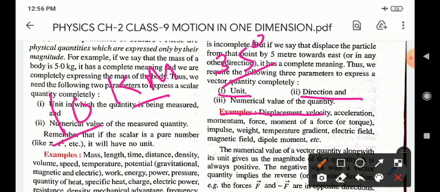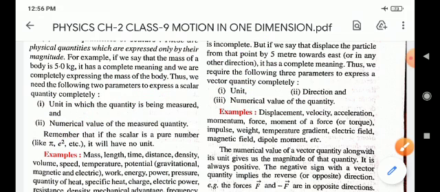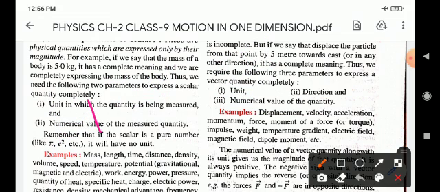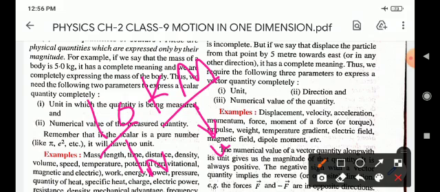If it is only 10 kilometer, then 10 is the numerical value and kilometer is the unit. It is a scalar quantity.